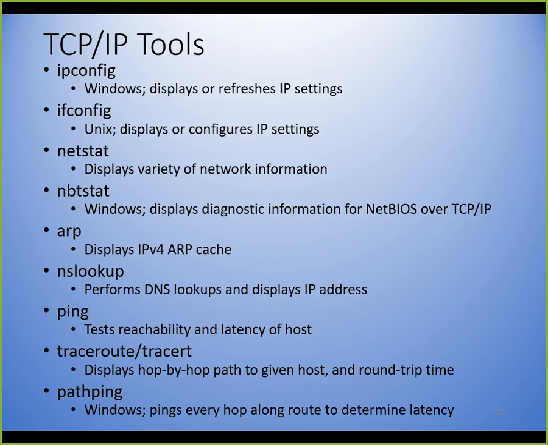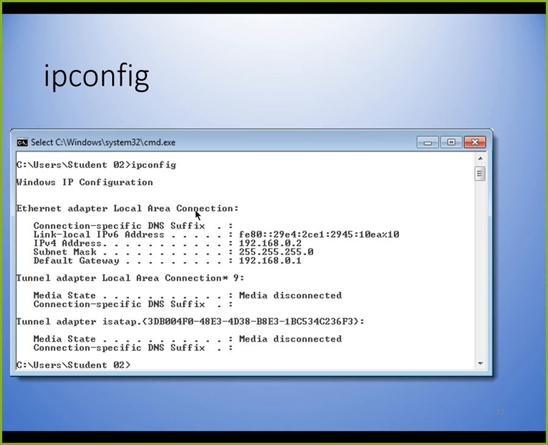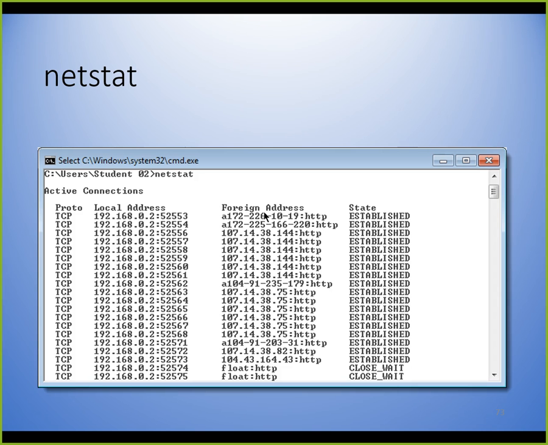Pathping is a Windows thing that does a lot the same as traceroute does, except it's much slower, and gives you more information, but it is significantly slower. And these are just the slides of what they look like, what you saw on the other ones, and you can try each of these out.